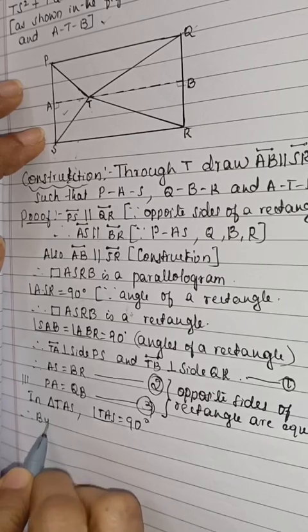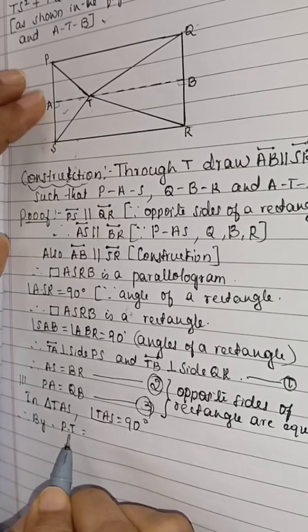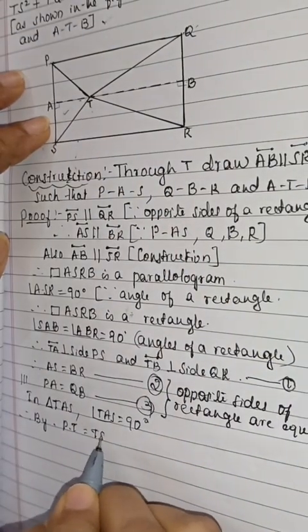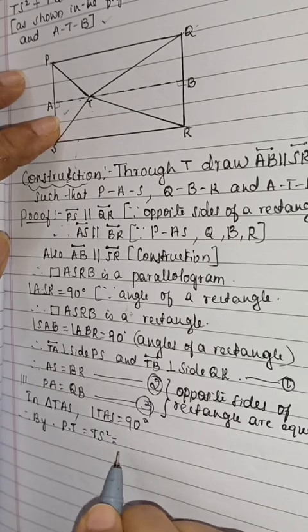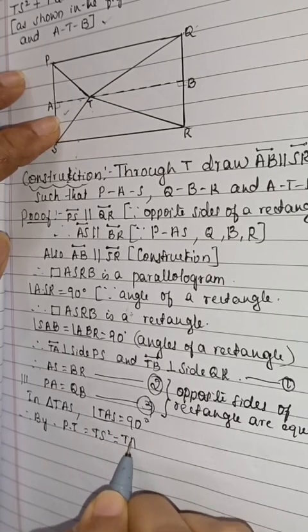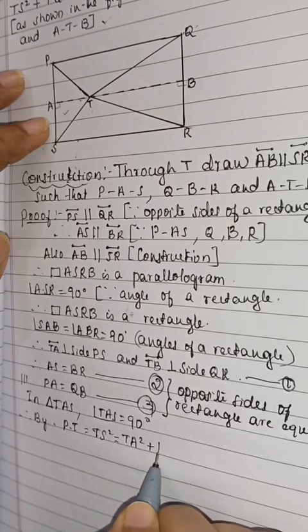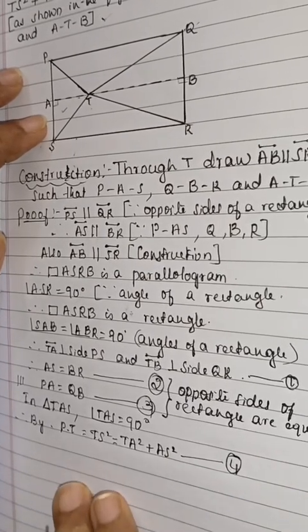Therefore, by Pythagoras theorem, TS square equals TA square plus AS square. This is equation number 4 we can give.